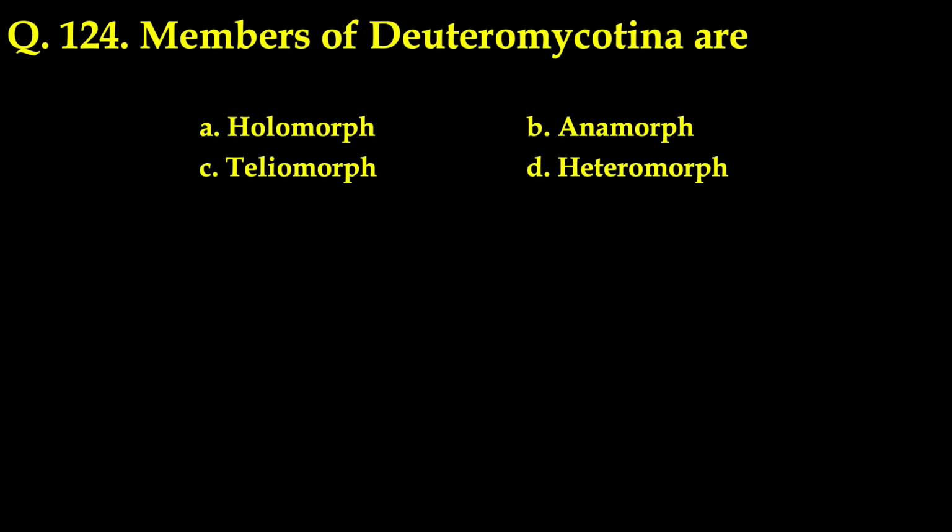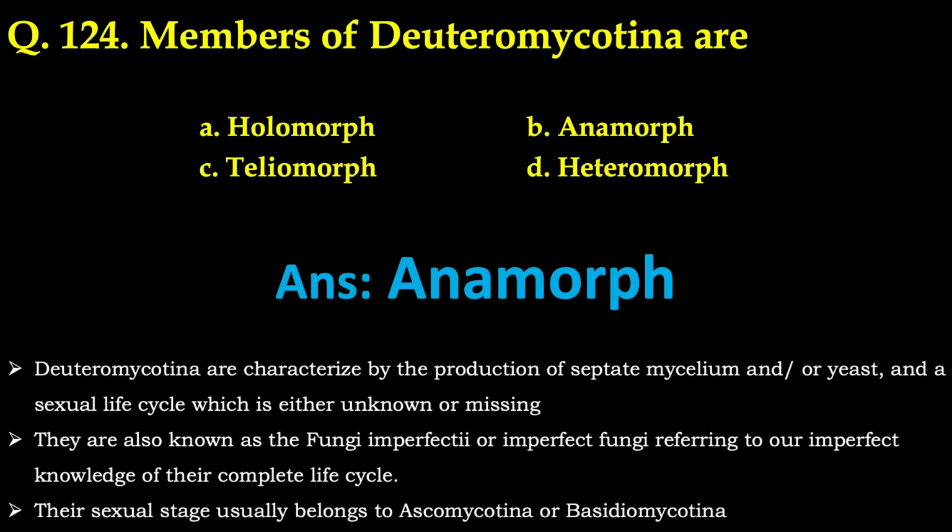Next question is on members of Deuteromycotina are. The options are holomorph, anamorph, teleomorph and heteromorph. This is a very simple question and the answer is anamorph, that is option B. And please try to remember Deuteromycotina are characterized by the production of septate mycelium or yeast and a sexual life cycle which is either unknown or missing.